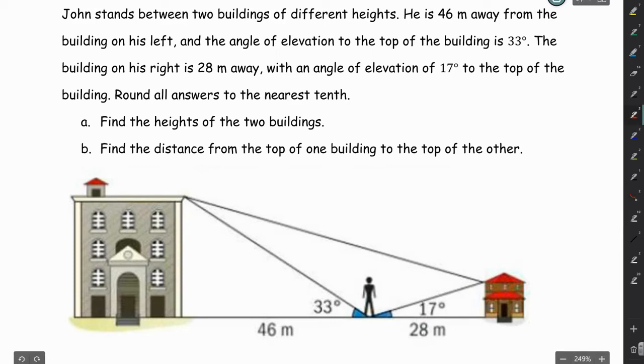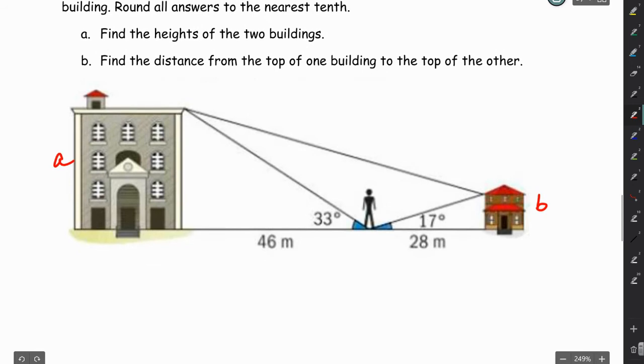All right, so first of all, I'm going to label the height of this building A, and I'm going to label the height of this building B. So we're going to find the heights of the 2 buildings. Here's my reference angle, and I have adjacent and opposite, so I know I'm going to use the tangent. So the tangent of 33 degrees is equal to the opposite, which I'm calling letter A, over 46.